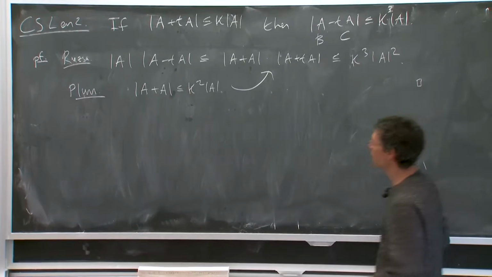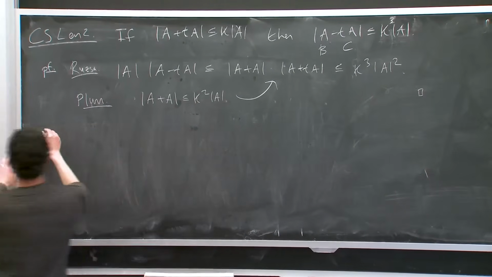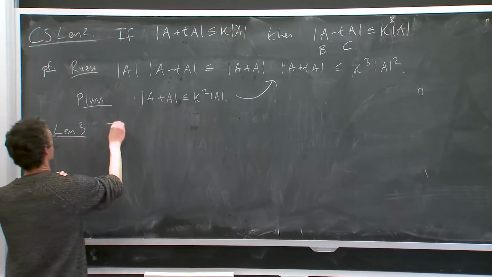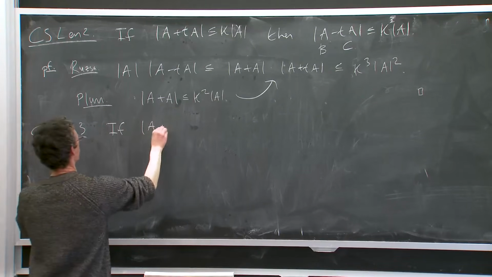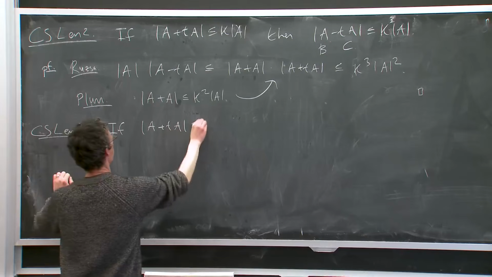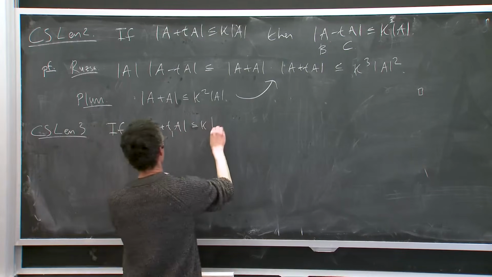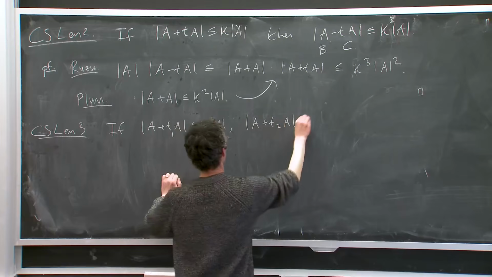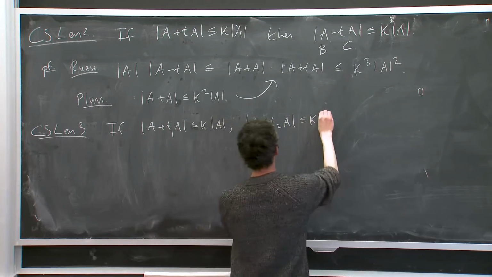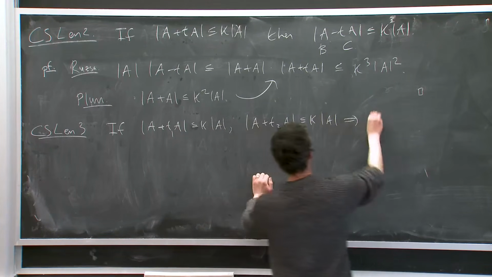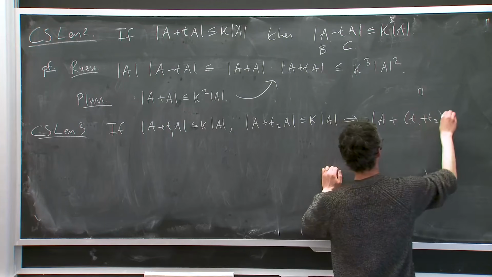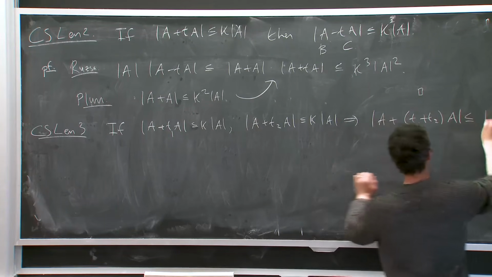Okay. And now the most interesting and difficult of the contagious structure lemmas says that if A plus TA is small, A plus T1A is small, and A plus T2A is small, then A plus T1 plus T2 A is small.